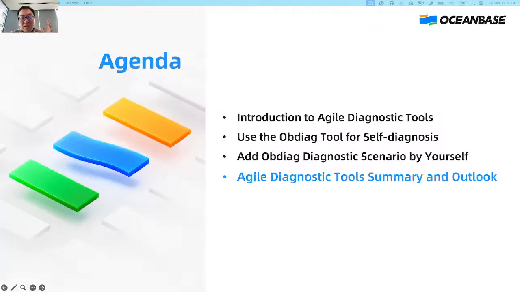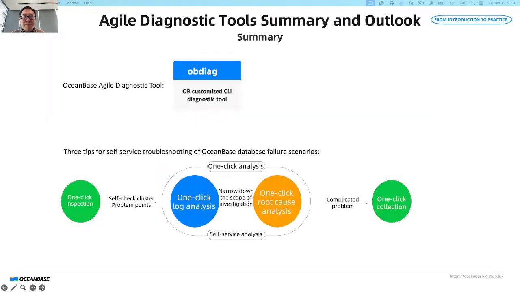Finally, let's summarize the content of this lesson. The diagnostic and tuning tool we introduced to you today is obdiag, as well as its main functions, specific operations, and implementations.